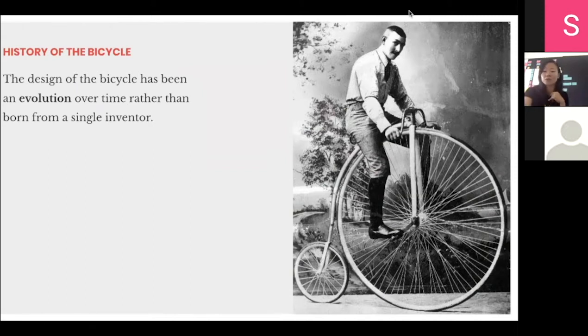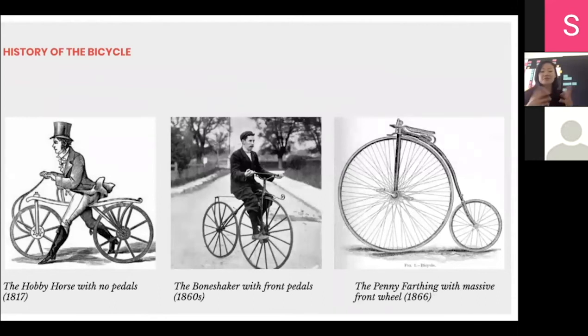What was cool was that it had a lot of similarities to this open source distributed movement that we are going through today. Instead of being born from a single inventor, the bicycle went through, over a period of about 100 years, very many different iterations. And what was wonderful was that anyone could contribute to the design of the bicycle.